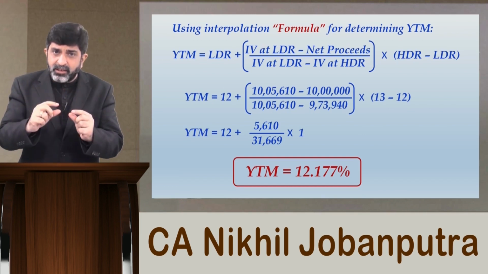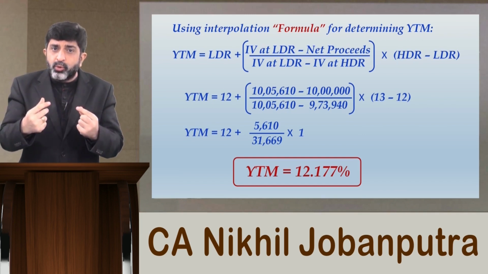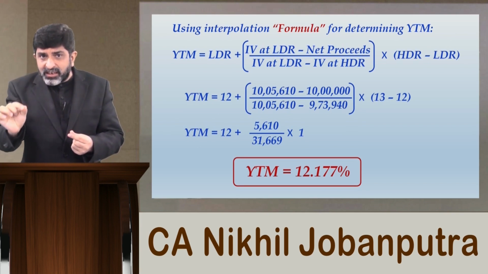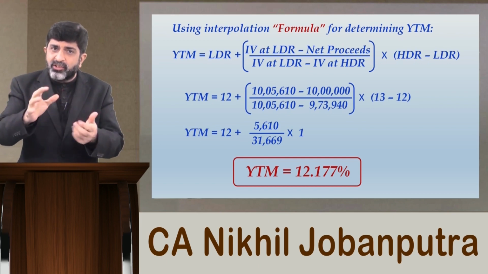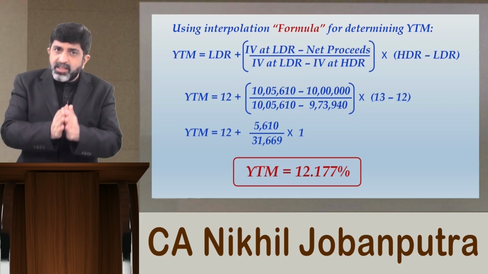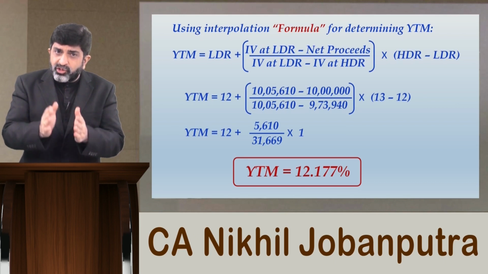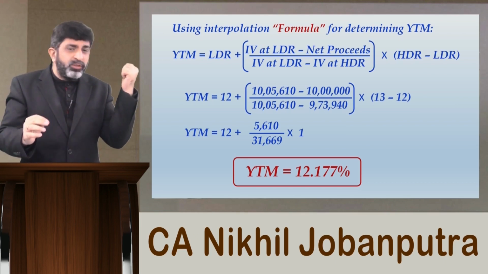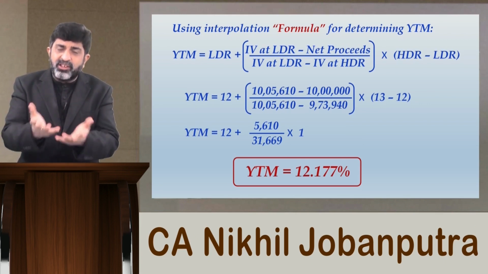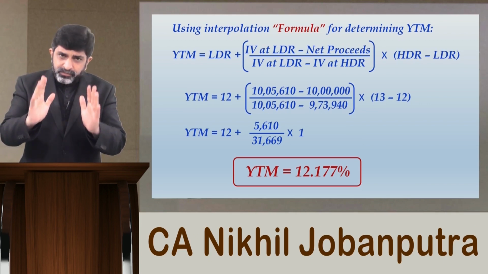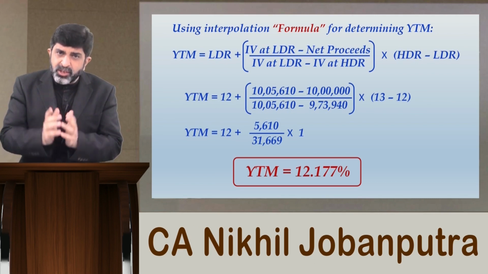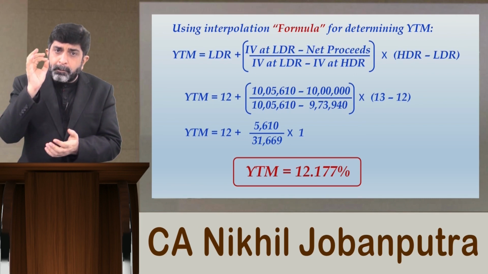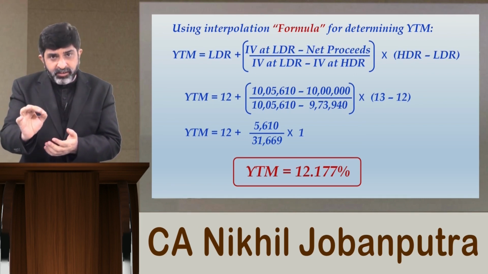After getting that, what is the next thing that you have to do? The next thing that you have to do is try with the 13% discounting rate, the same intrinsic value calculation, and confirm that the YTM of the debenture is definitely between 12% and 13%. Then use this interpolation technique and just arrive at the calculation of YTM. This YTM, however, what we have obtained over here is a pre-tax cost of debt.